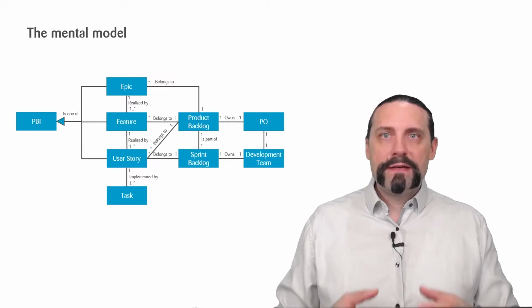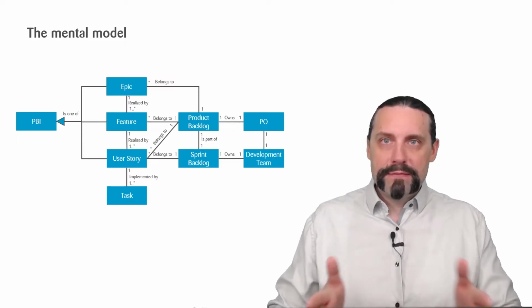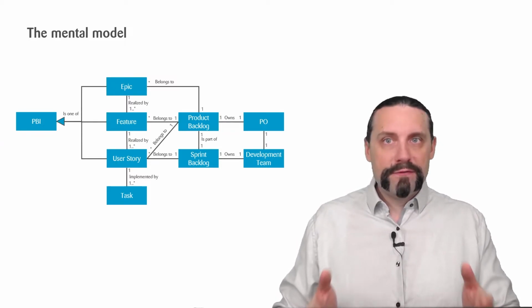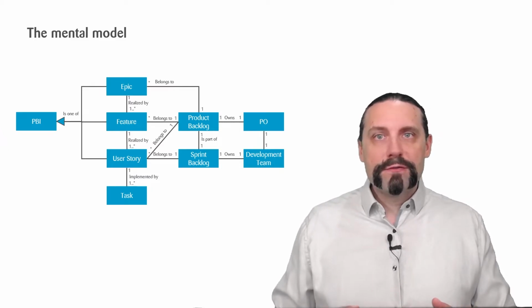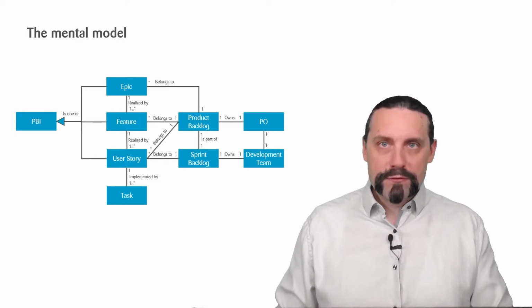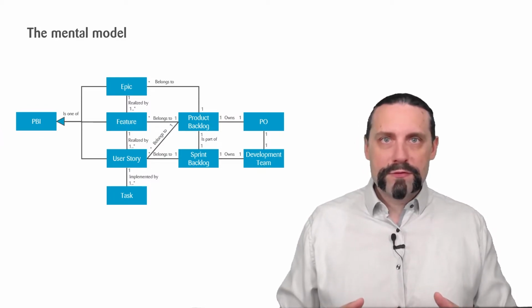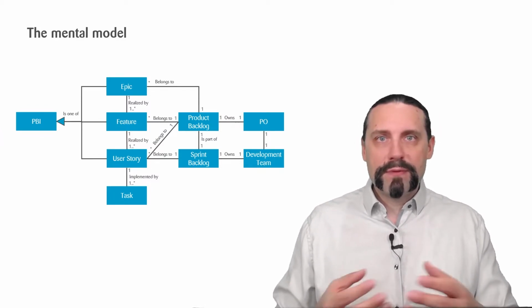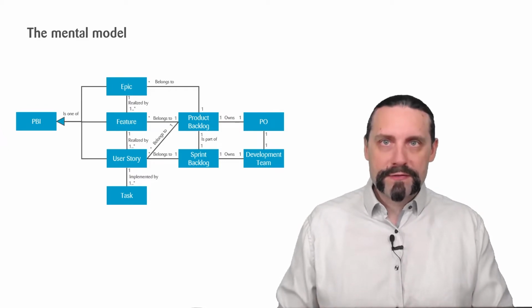An epic is realized by one or many features. A feature is realized by one or many user stories. And a user story is implemented by one or many tasks.